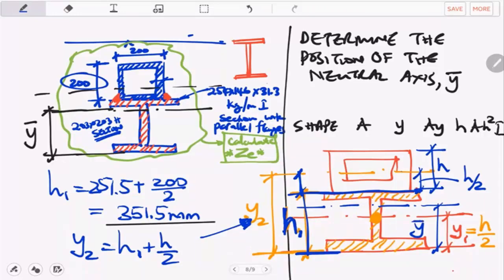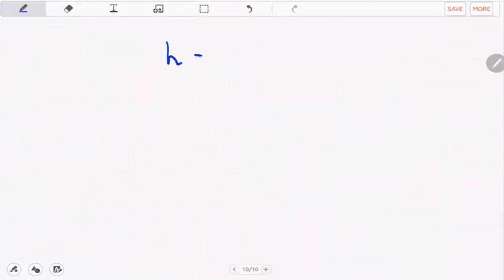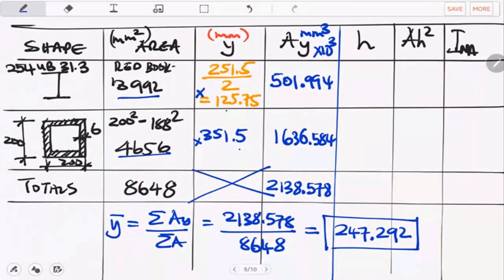Right, so once you get that y bar, you now want to find the value of h. But h is equal to the modulus of y bar minus y, or you can say the modulus of y minus y bar. It doesn't matter. We just want the difference. You book that value as a positive value, then we are done. So you're now saying 247.292 minus 125.75 to get h for here.